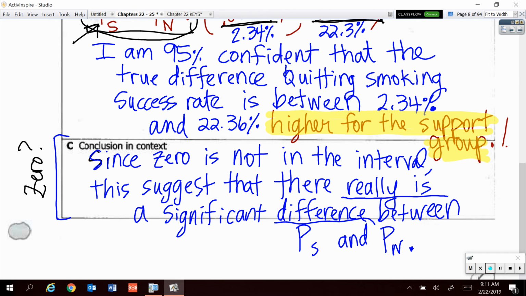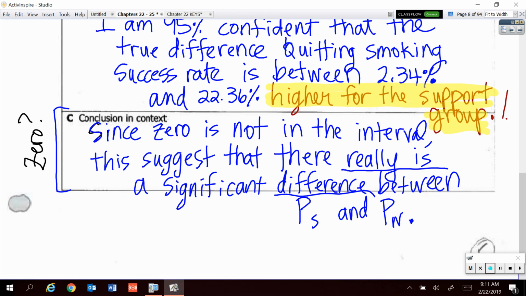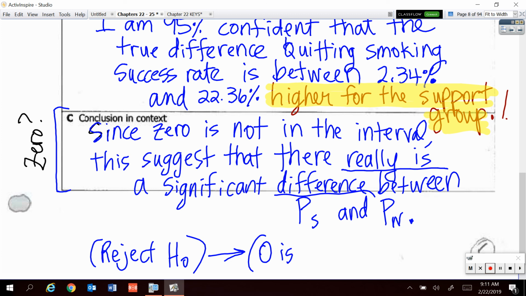So those should go together. If we are rejecting H0, then what does that mean about our interval? 0 is in the interval or not in the interval? Not in the interval. Very good.